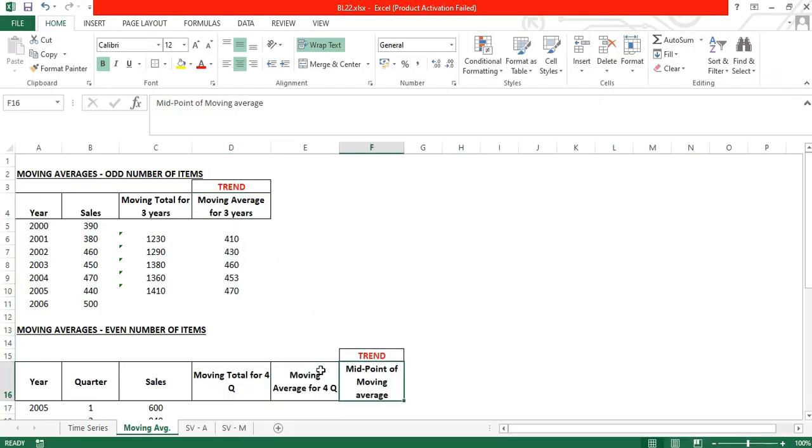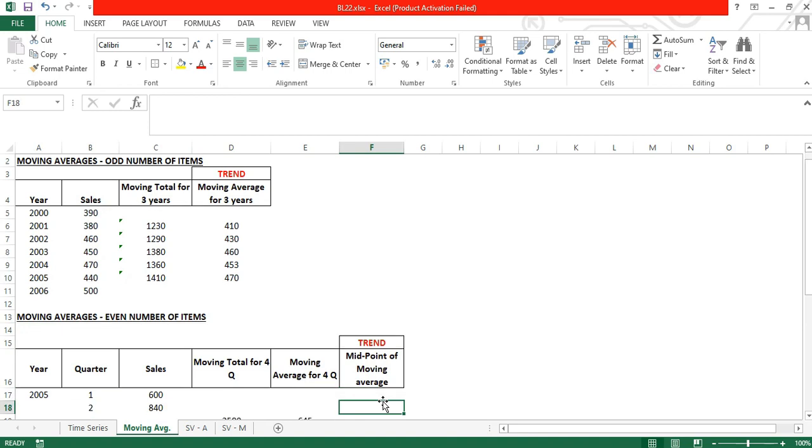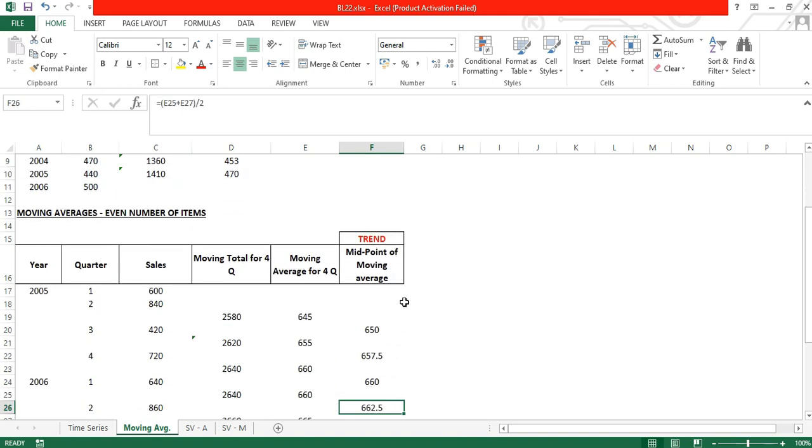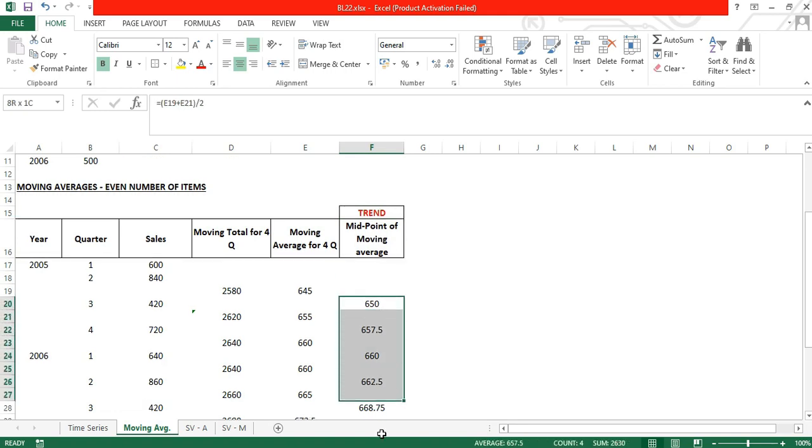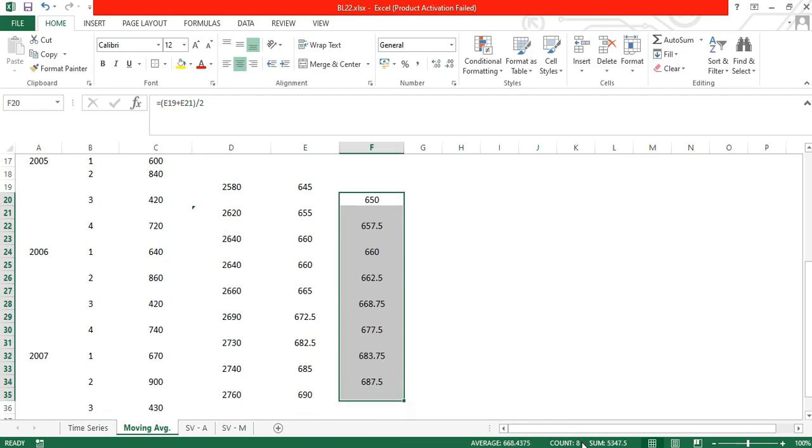But for an even number, remember this very well. For a moving average of an even number, what will be plotted into the graph is the midpoint of the moving average. It is not the moving average simply. It is the midpoint of the moving average that is called the trend. So that's why we enter these particular data as the trend in the graph.